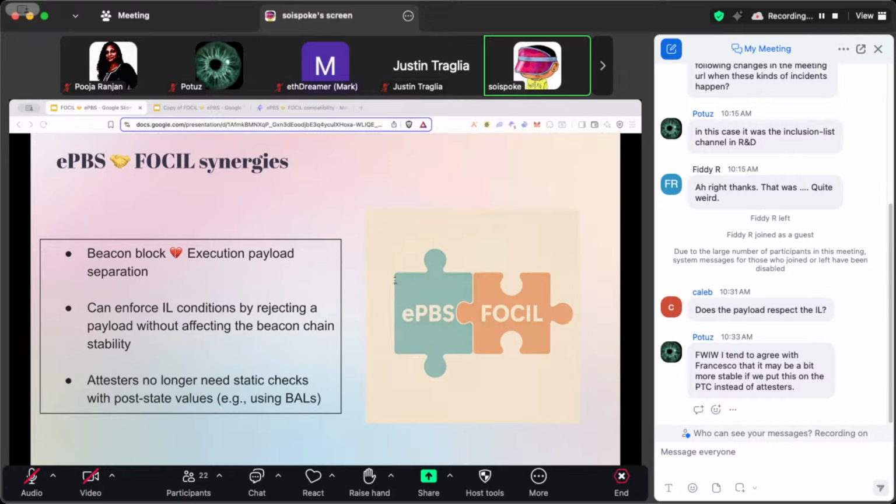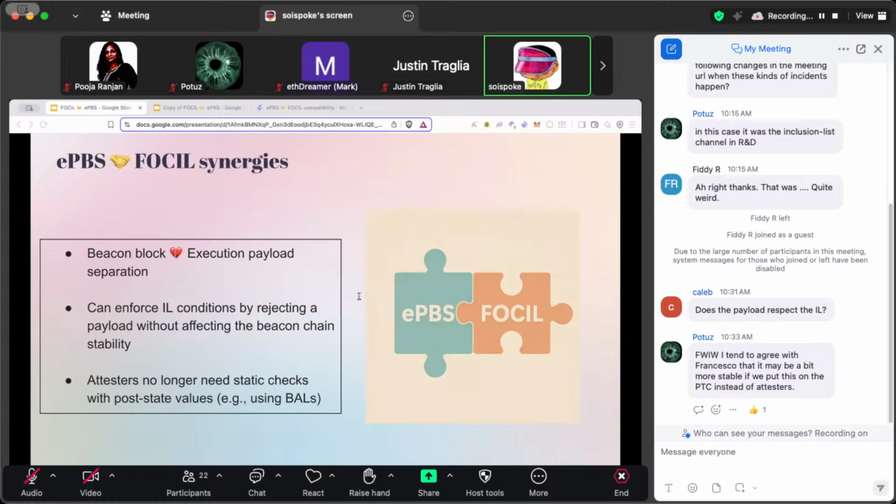Since without that separation, you could have a weird situation with a non-compliant block. Imagine that without the separation, a non-compliant block initially receives full support in slot N, but once you discover it's non-compliant because it fails IL conditions, the next proposer of slot N plus one can attempt to reorg this block with a competing block.